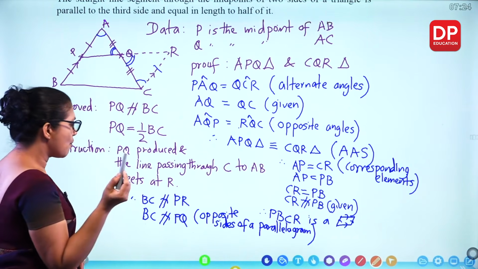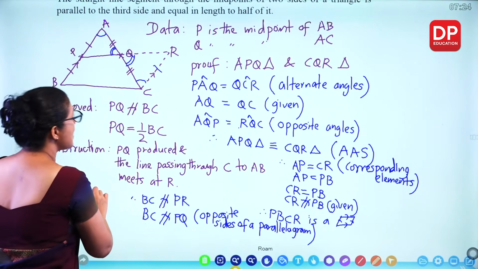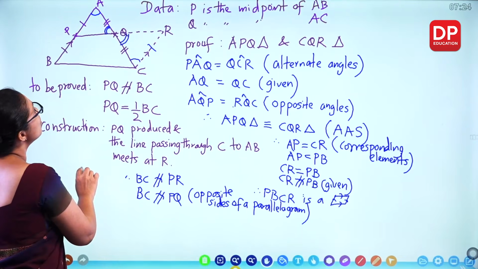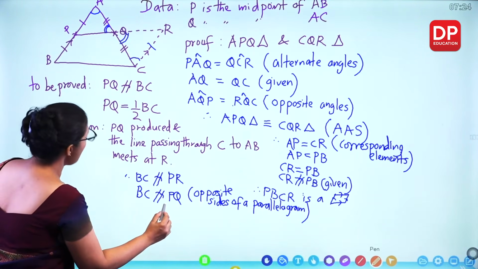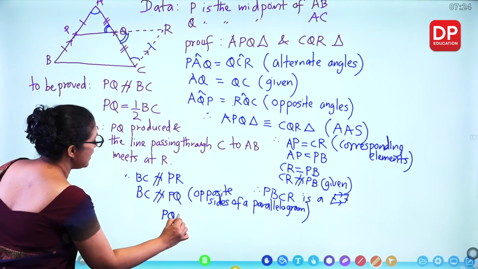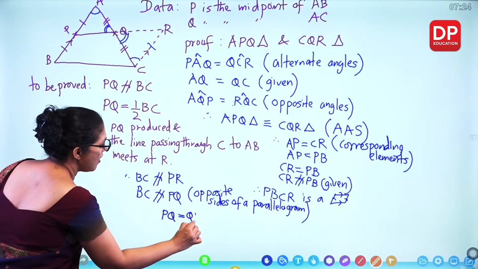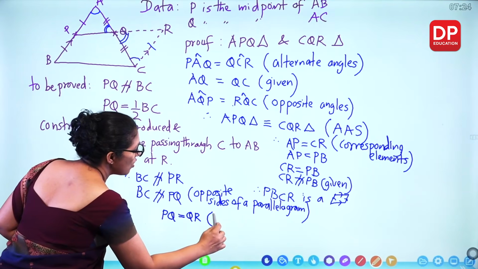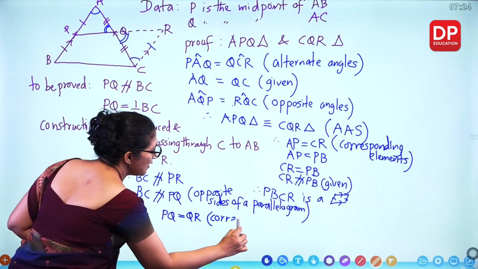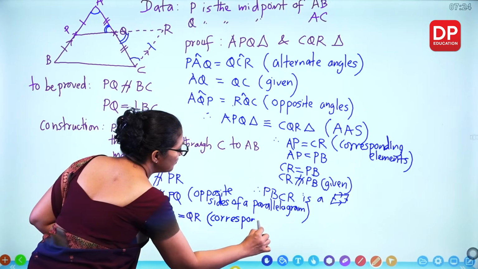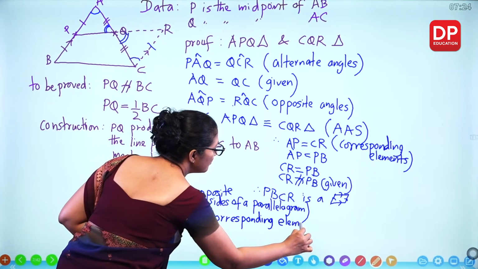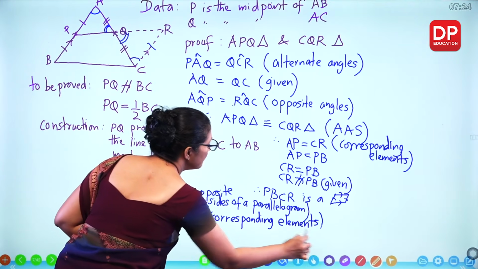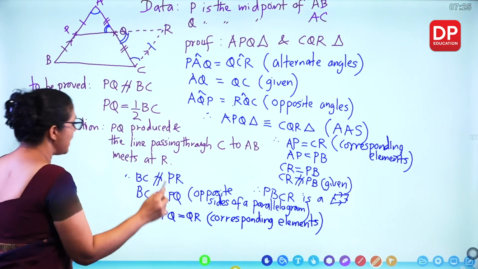Now we know this length, corresponding elements opposite to this angle and this angle, PQ also equal to QR. Those are the two corresponding elements. So we can say PQ is equal to QR. That's also corresponding elements. Then what is PR?